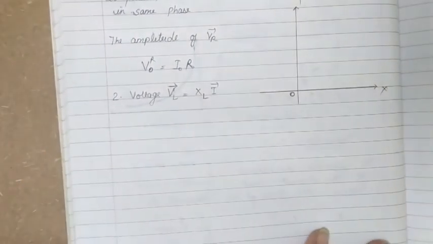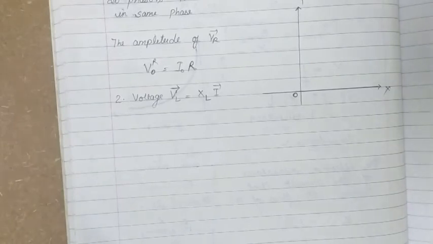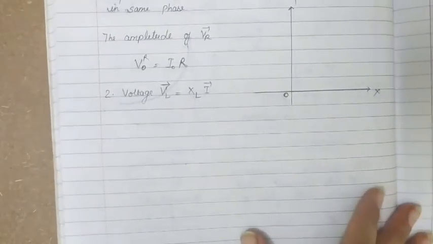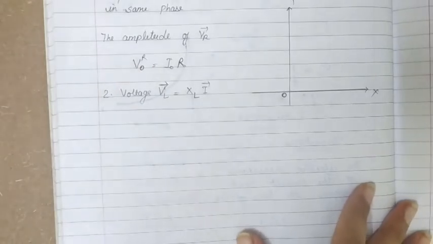This is across the coil or inductor in the circuit. VL vector is across the inductance capital L, and for an inductor we know that the voltage is ahead of current in phase by pi by 2, right?